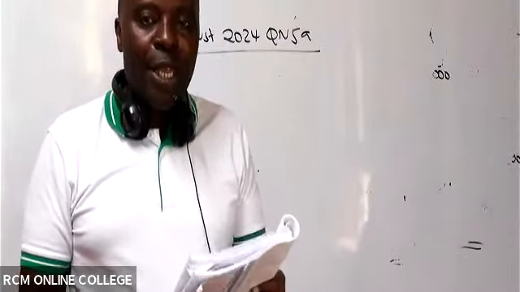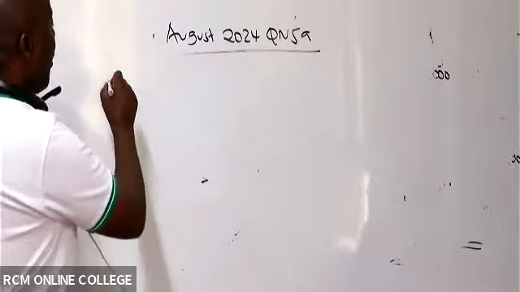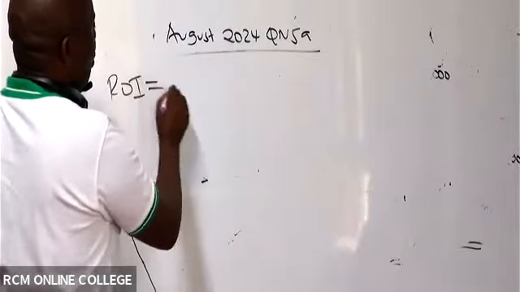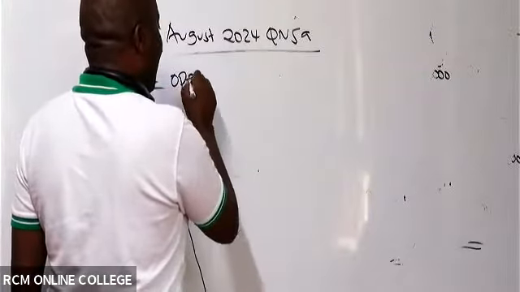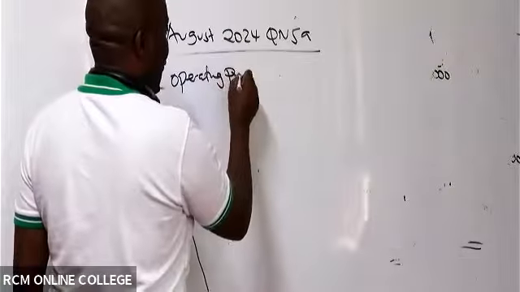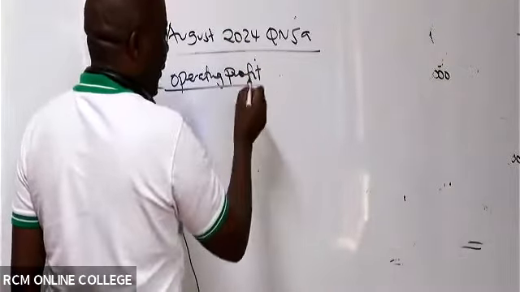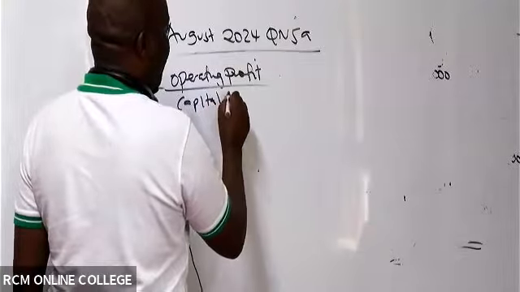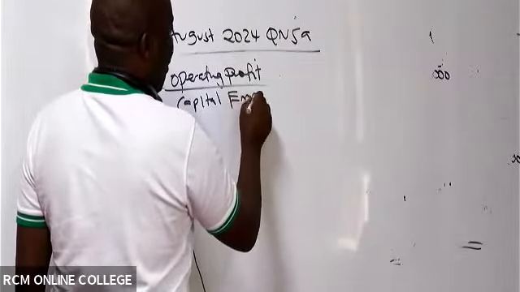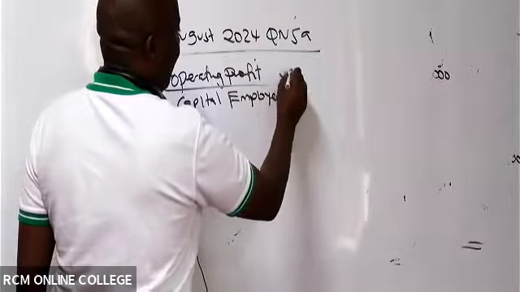So we start with ROI. For us to get ROI, ladies and gentlemen, what do we normally take, in this case, preferably operating profit. Whenever you have many profits, always work with operating profit. So operating profit over capital employed, times 100.